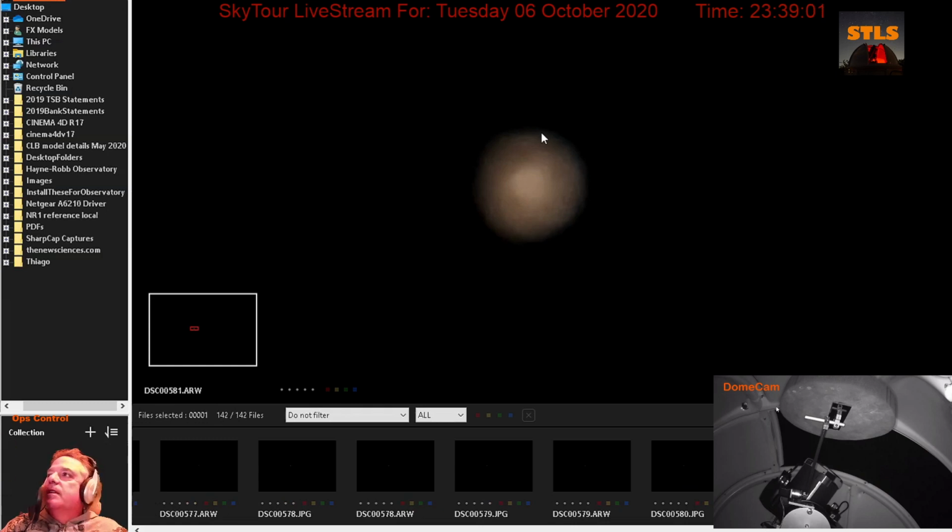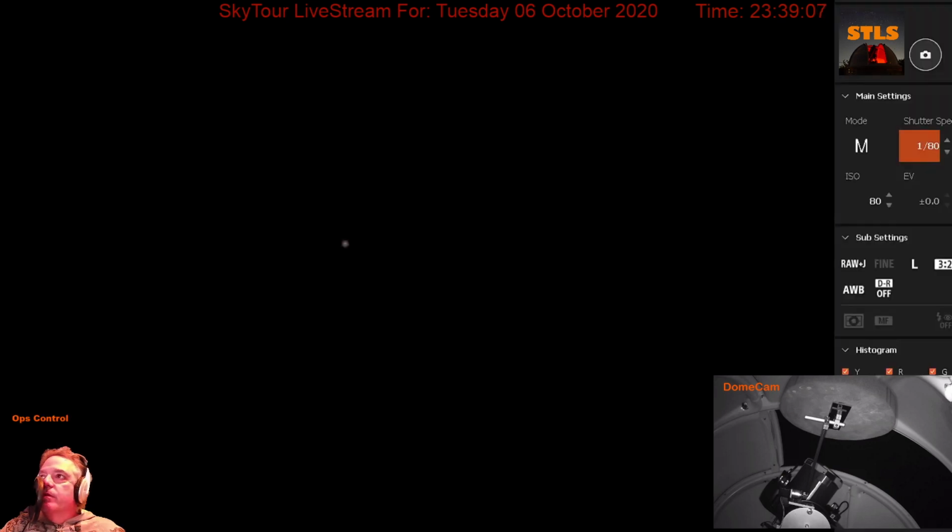As I've said before, that ruddy brown color is due to the oxygen in the Martian atmosphere that was ripped apart from water molecules over millions and billions of years. When Mars lost its magnetic field, the oxygen was separated from the water molecules by the ultraviolet radiation of the sun.